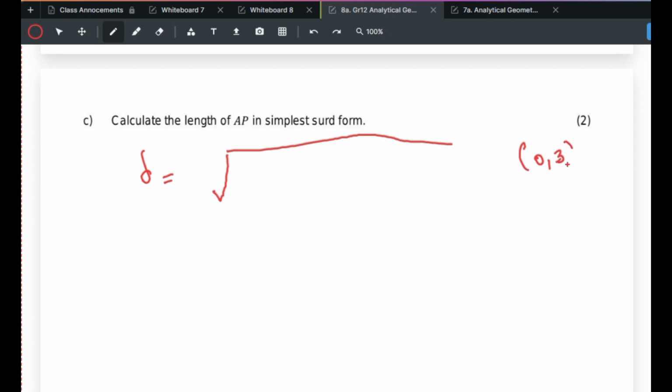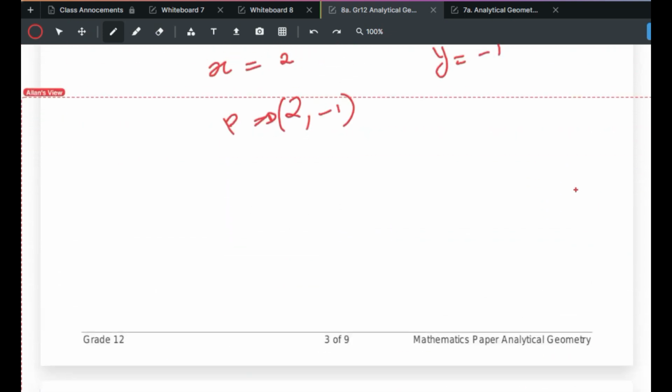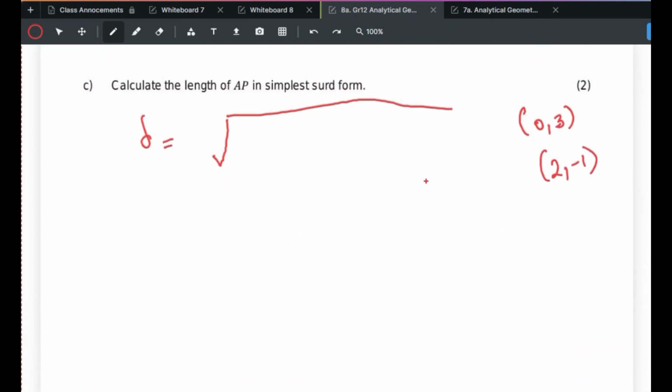Okay, so this is 0 and 3, and that is 2 and negative 1. The distance here would be 0 minus 2 squared plus 3 plus 1 squared.